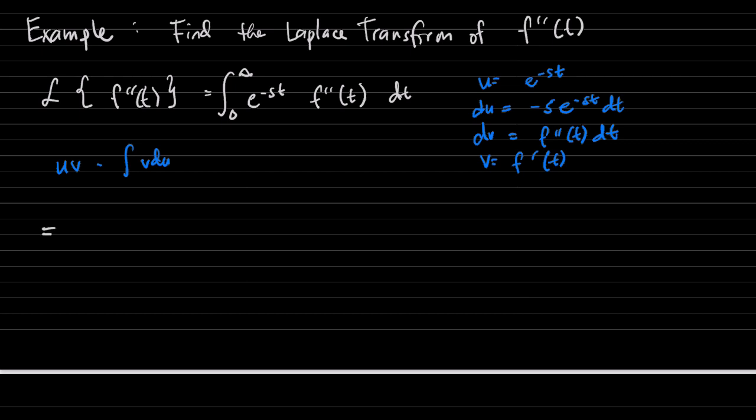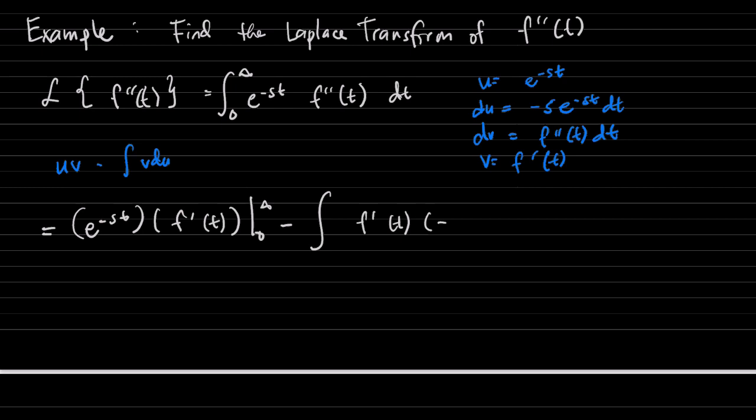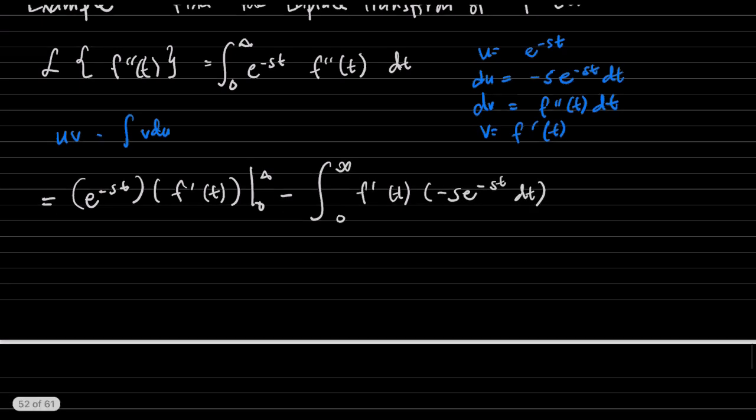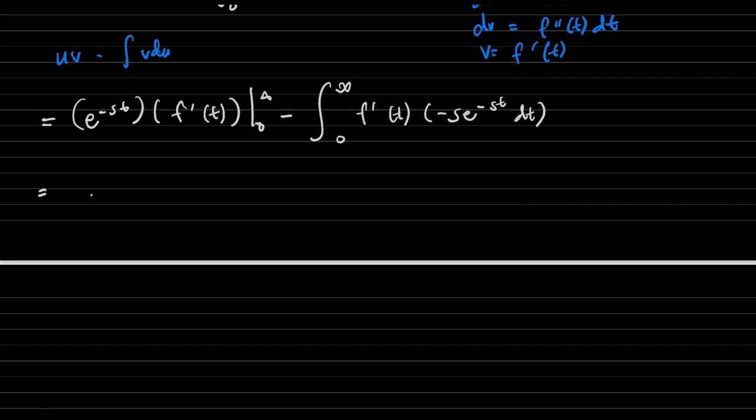So uv is equals to e raised to negative st times v, so that's f prime of t, evaluated from 0 to infinity, minus integral of v du, f prime of t times negative s e raised to negative st dt from 0 to infinity pa rin. So we evaluate the first term: e raised to negative s times infinity times f prime of infinity minus e raised to negative s times 0 and f prime of 0.